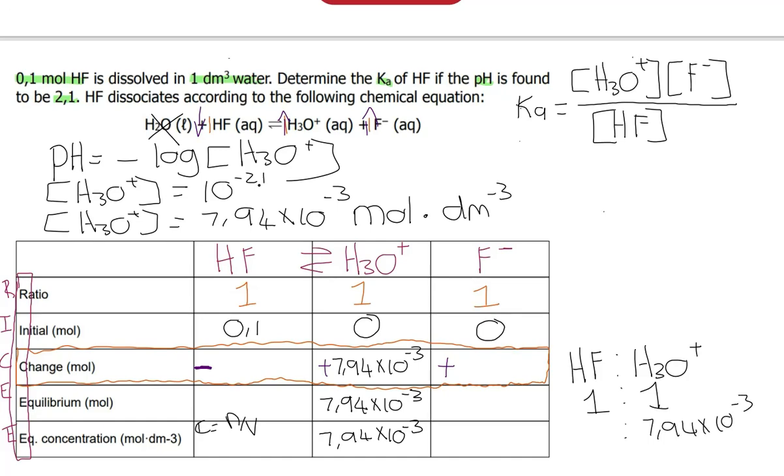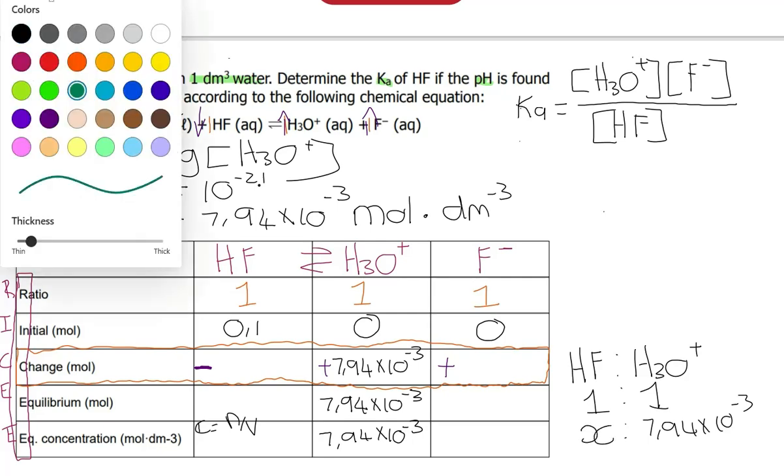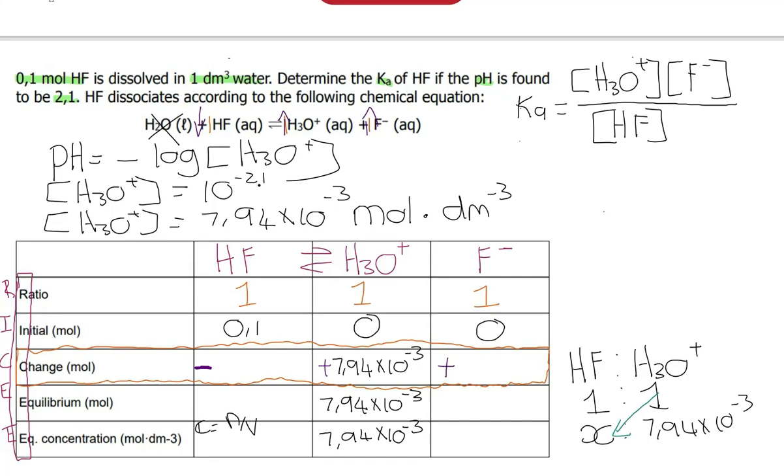And most of the times, as I mentioned, they're going to make this one x. And to figure out that x, I'm going to cross multiply. Let me just do this in green so you guys can see. 1 times x, 1 times 7,94 times 10 to the negative 3. And you then are going to conclude that x in this case, as it is a 1-to-1 ratio, is going to be 7,94 times 10 to the negative 3.